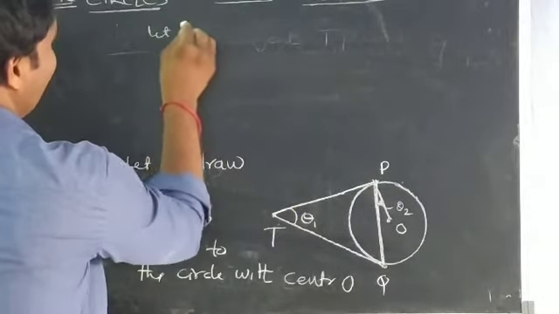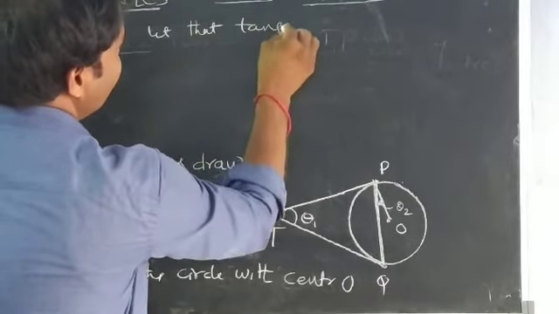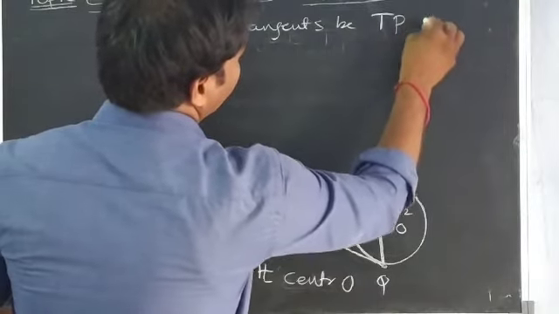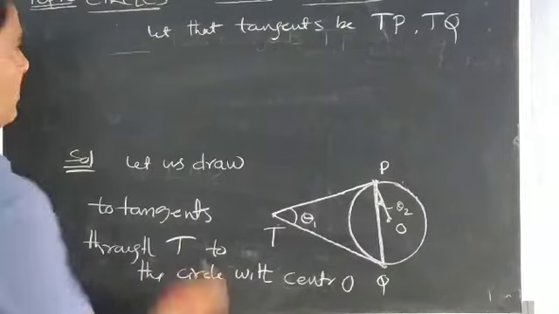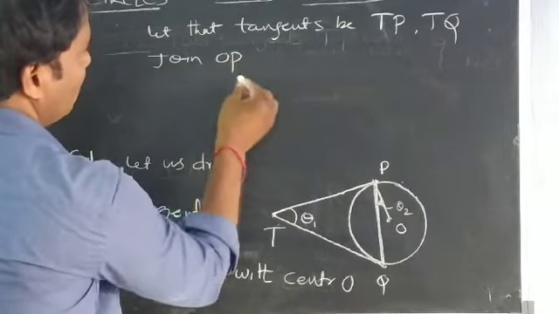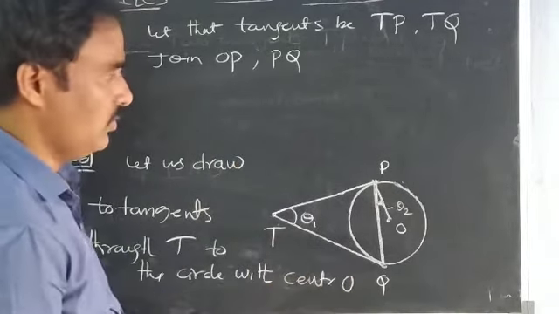Let the tangents be TP and TQ. Now join OP and PQ.